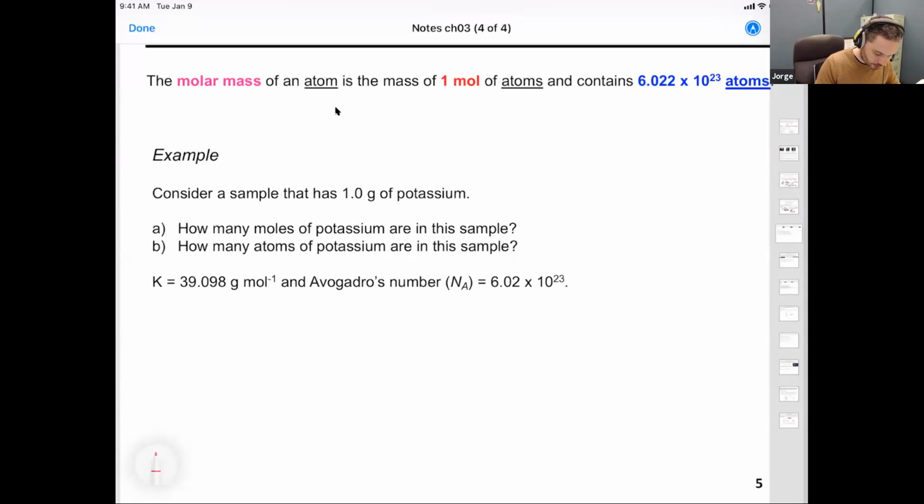Okay, so see here I always will give you this information. Okay, so that's the atomic molar mass for potassium. So now let me write the conversion factor all the way up here.